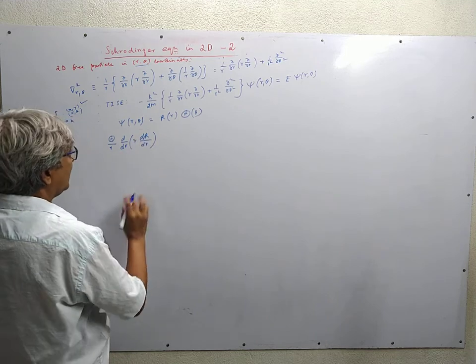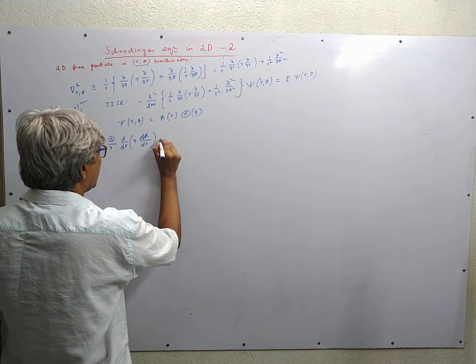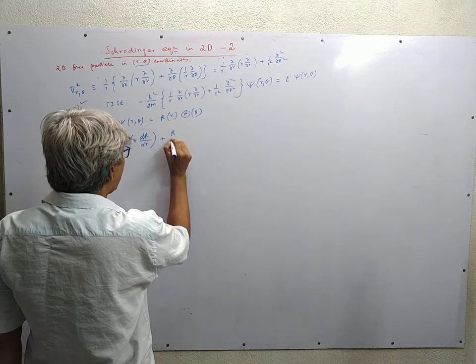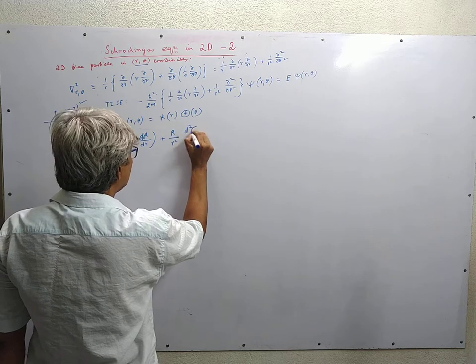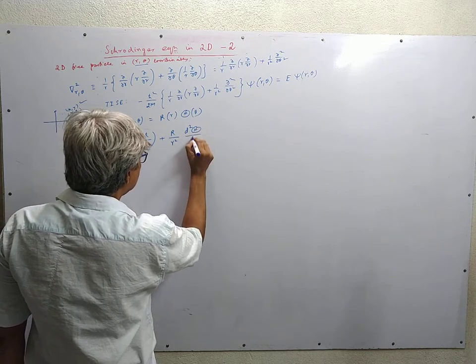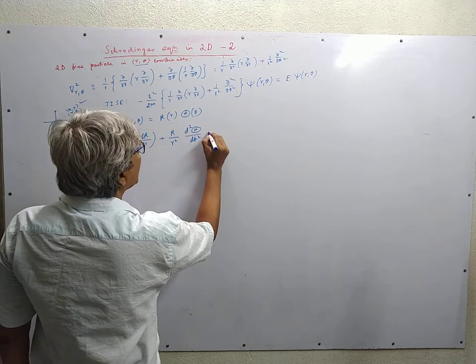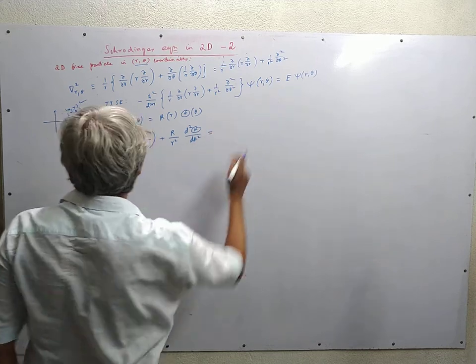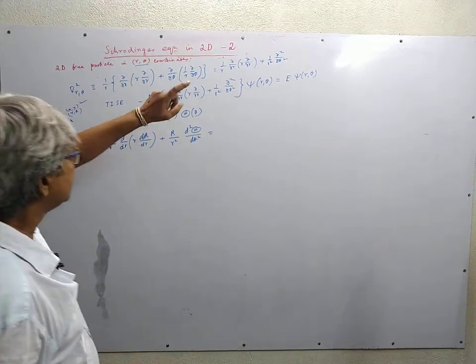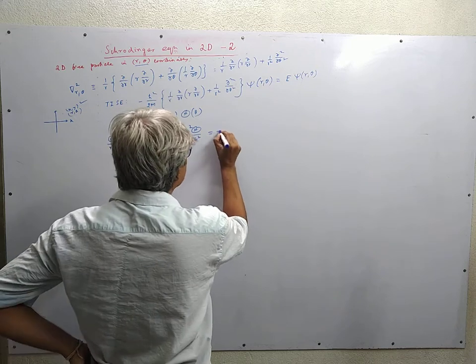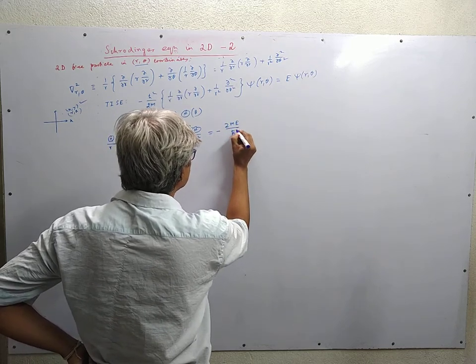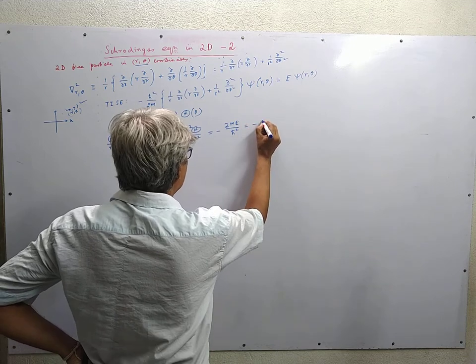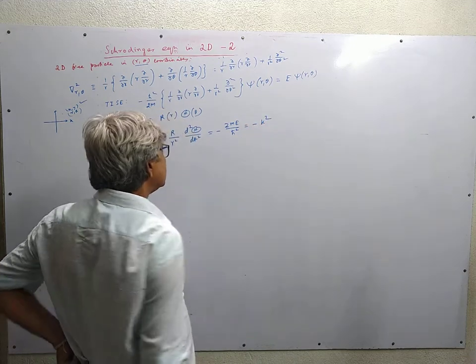Note this change. And then from this term it is r by r square d2 Theta d theta 2, and this part, if we multiply, it is minus twice m E by h bar square, which one likes to write this way.